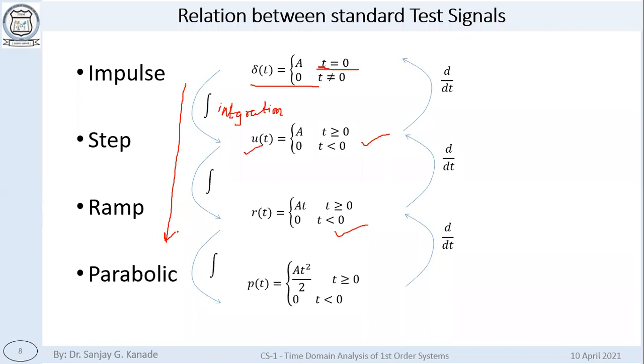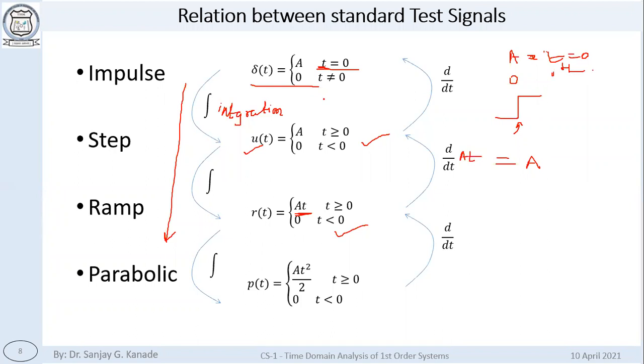You can also just see the differentiation of at, or d by dt of at. What will be the value? A. D by dt of a is 0. But since there is a sudden change at this location, it is a at t equal to 0, and it is 0 otherwise.